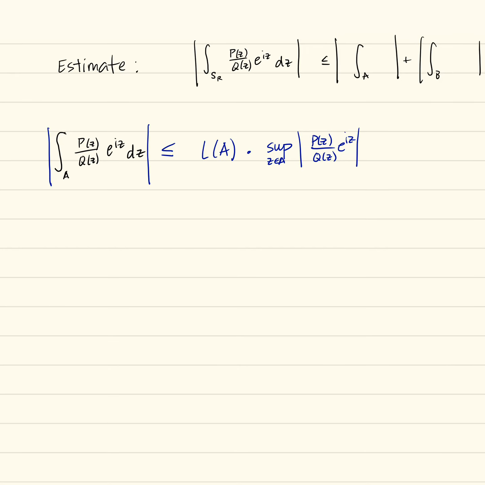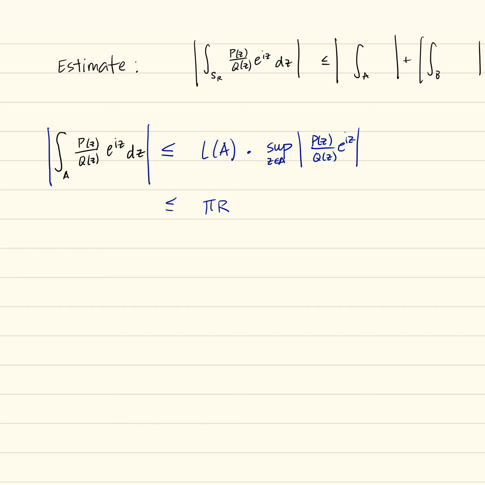Now the length of A is going to be less than or equal to pi r, because pi r is the length of S_R, right? So that's the length of the entire semicircle. We're not using the entire semicircle, we're using less of that. So we can still do an upper bound of pi r.